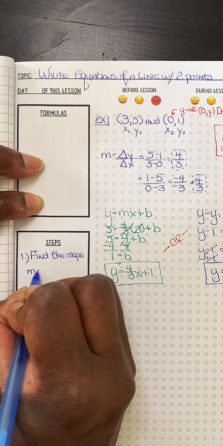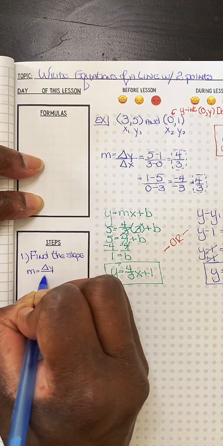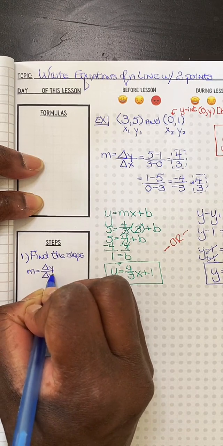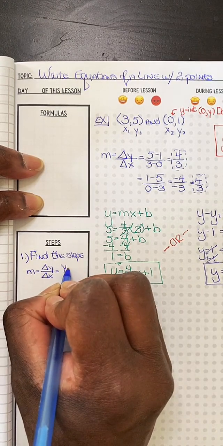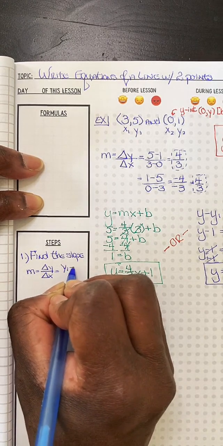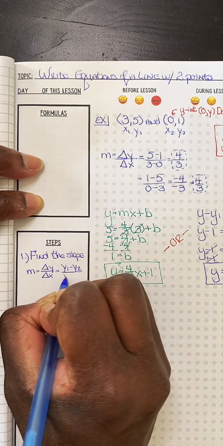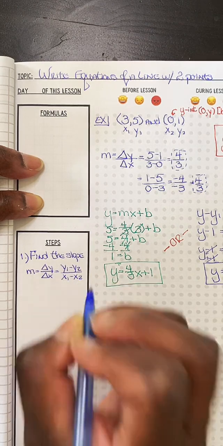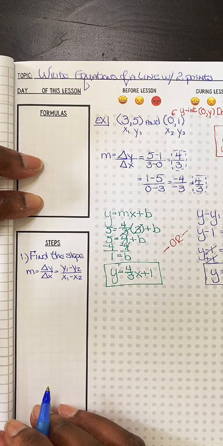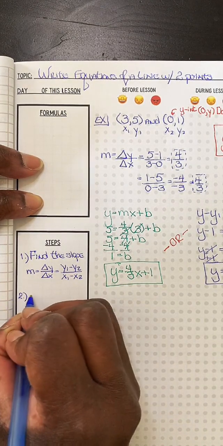So it's going to be your change of y over change of x. So that would be your y2 minus y1. I'll do it my little way, but you can do it yours. So first we're going to find the slope.